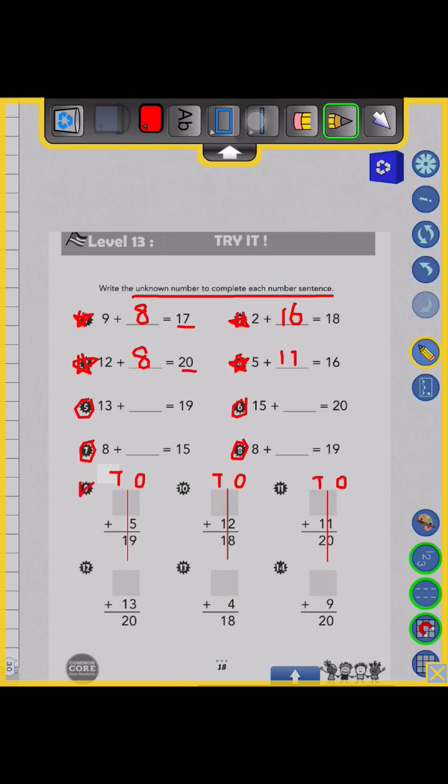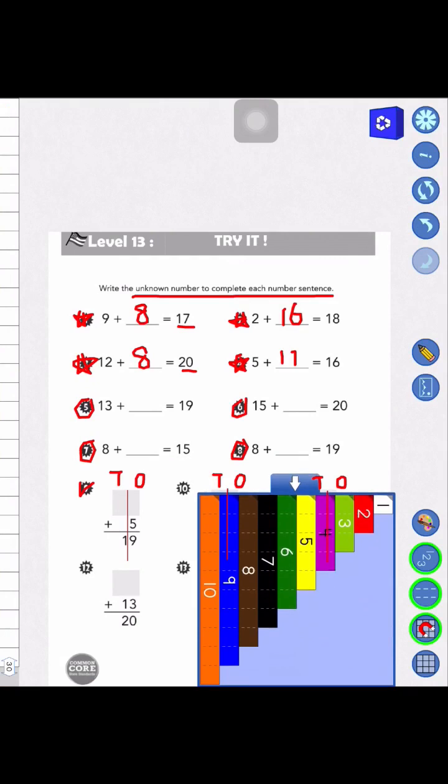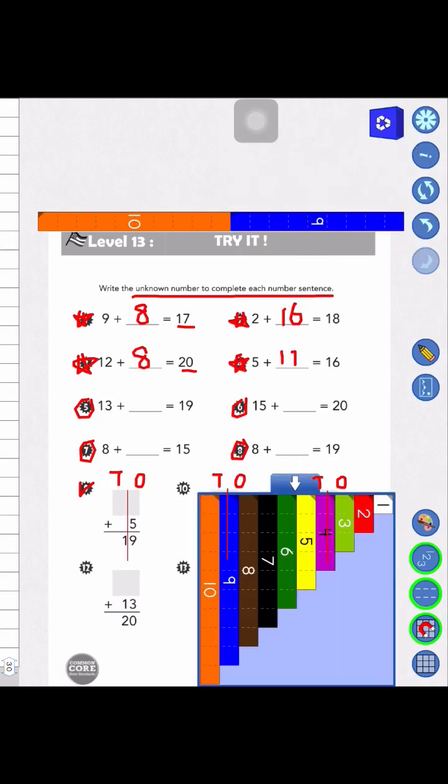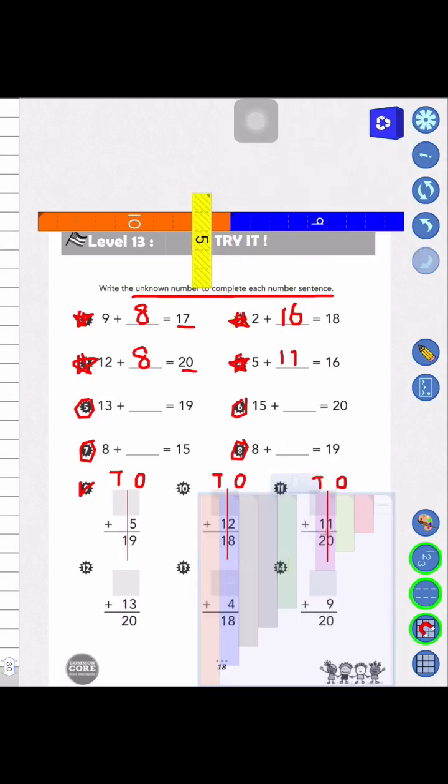So this is addition in column. There is a ones column and also a tens column. So a number plus 5 equals 19. The sum is 19. So 19 is 1 ten and 9. So we put number 10 rock and number 9 rock, and then we put a number 5 rock.